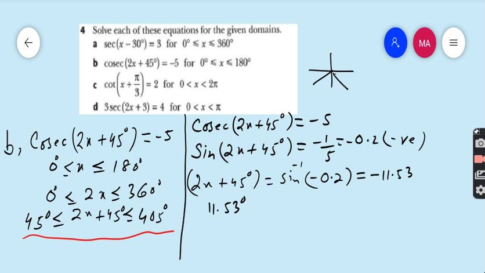Now we need to find the angle in the third and fourth quadrant. So for the third quadrant we should add this value to 180, and we should subtract this value from 360. And now simplify with the help of the calculator.